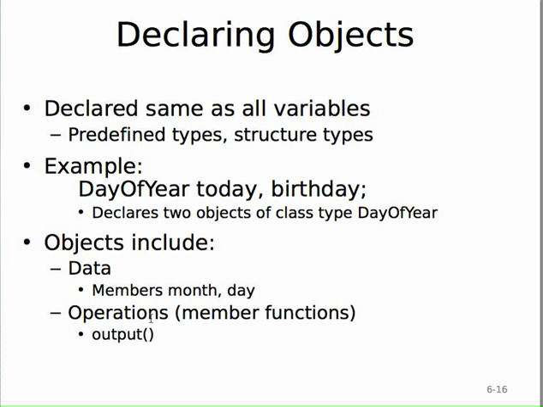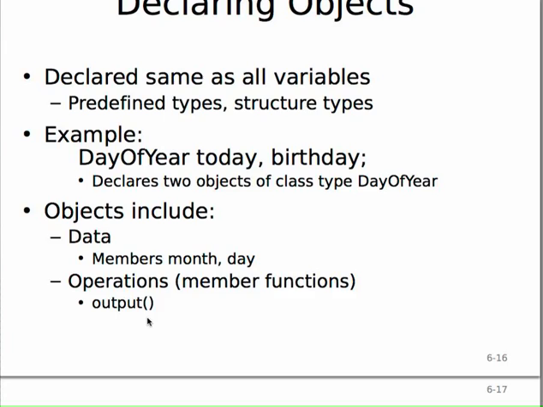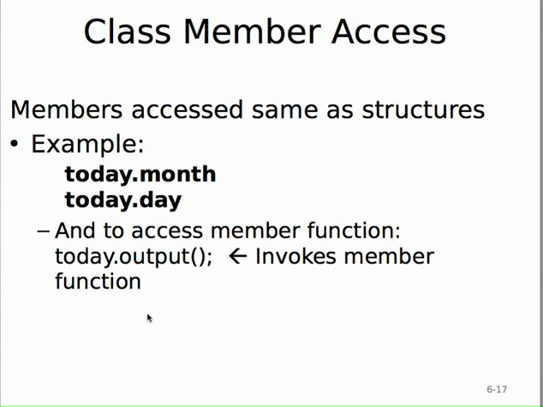So we've seen all of these declarations of objects. Objects have data members and methods or operations. The way you access data members is the same as structs. You say .x. Of course, you can only do this if month and day are public.